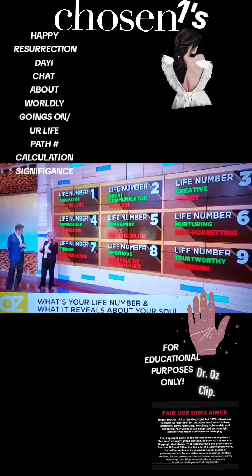If you're a life path number 1, you're an innovator, but your negative side is the word in the red. The positive side of you, the innovator, is in the green. So it's all calculated by adding each number individually together with the number next to it, like they said previously, and you keep adding them together until finally the end result is one last single number, either 1 or 2 or 3 all the way through 9.